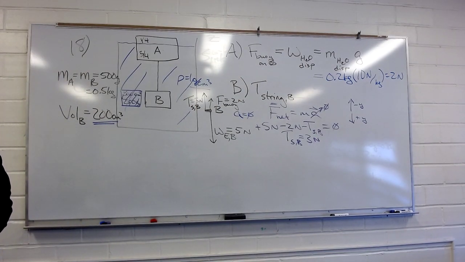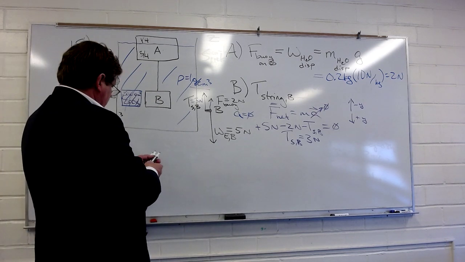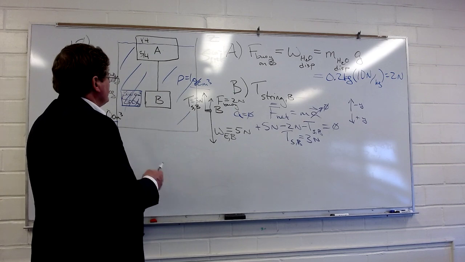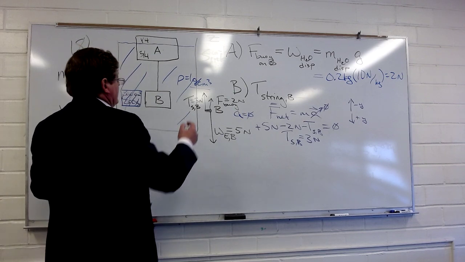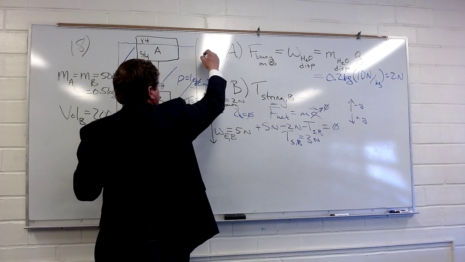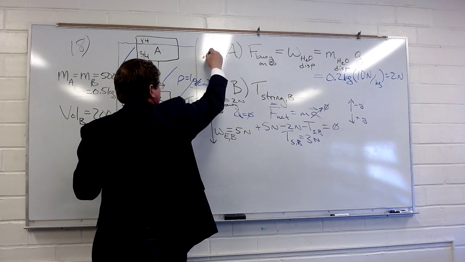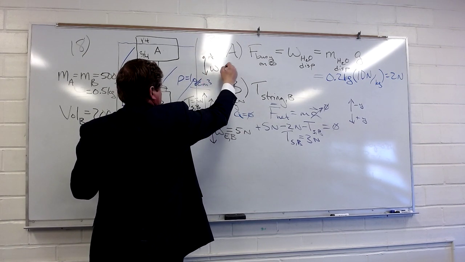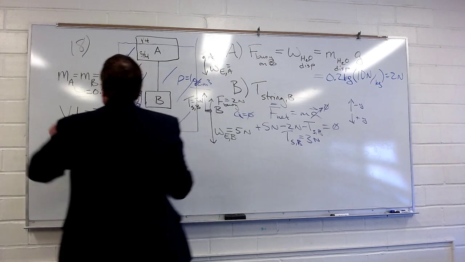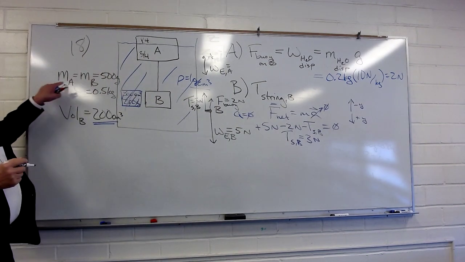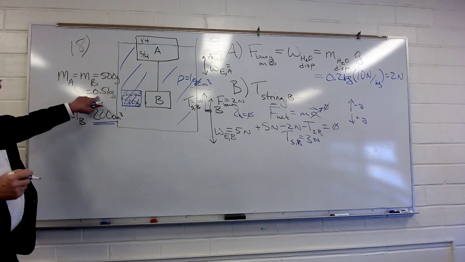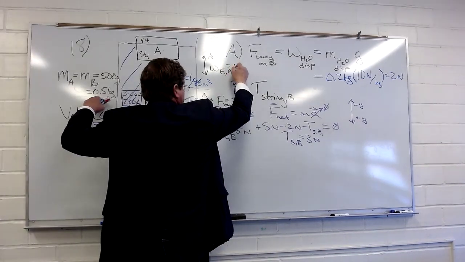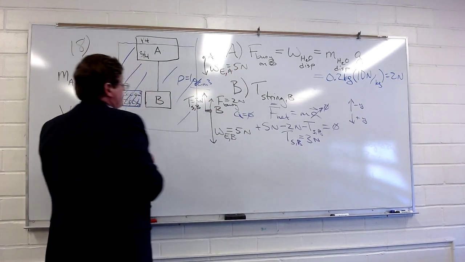Now, part C of this problem asks us to find the buoyant force on A. Well, again, we're talking about a buoyant force, that's a force. So let's draw a free body diagram for A. Well, I have a weight force, and again, both of these blocks have the same mass of 1/2 kilogram, so that's going to be 5 newtons.